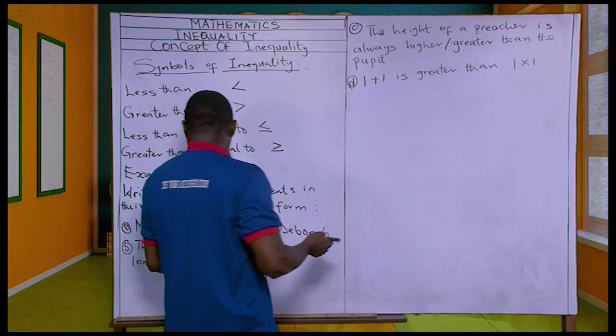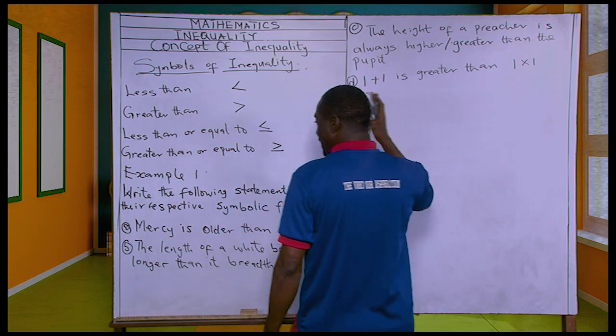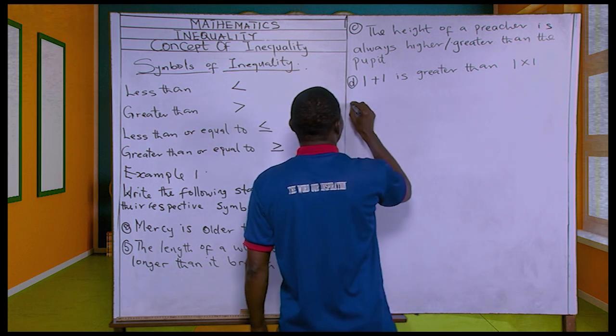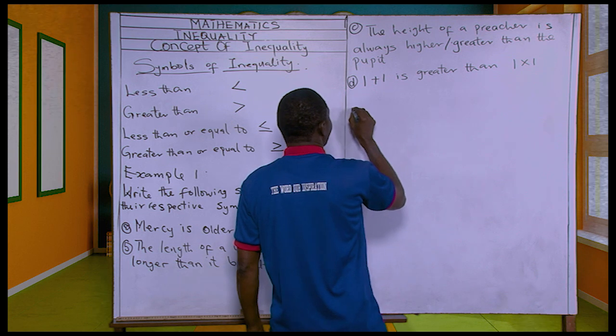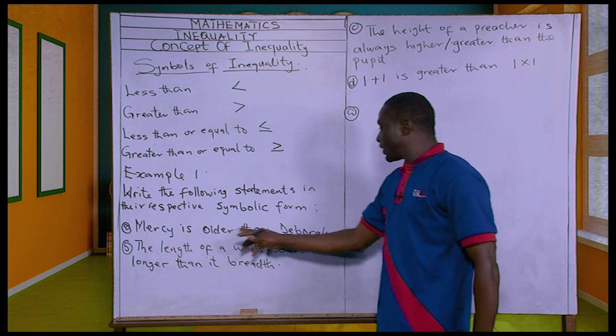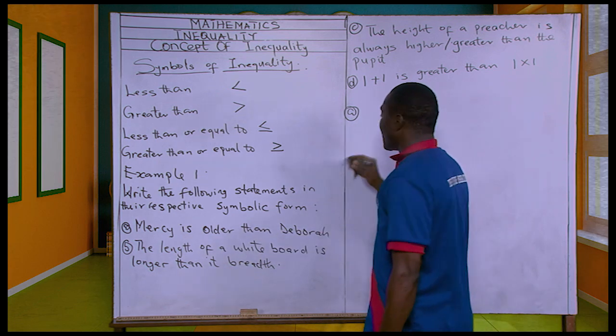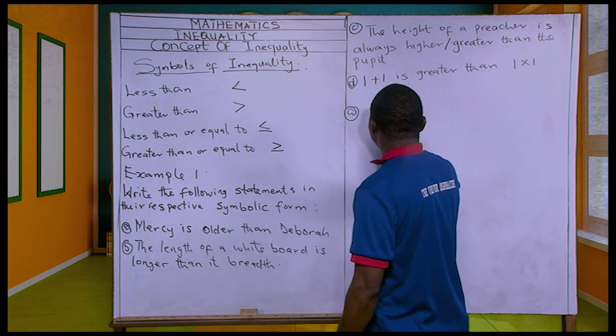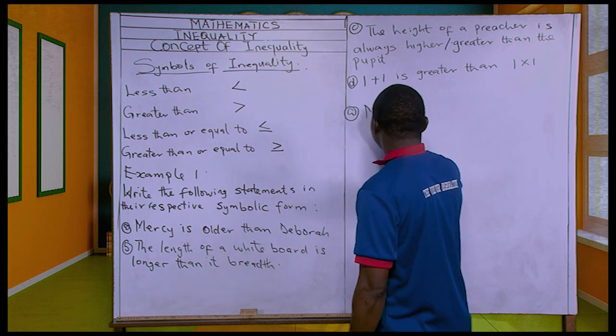So let us write them in their respective symbolic form. A. Mercy is older than Deborah will now be written as mercy.